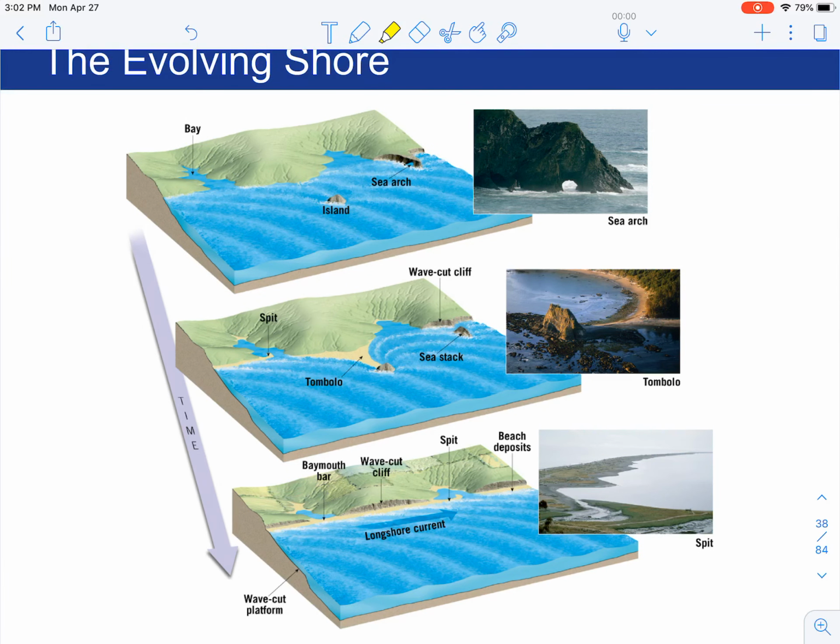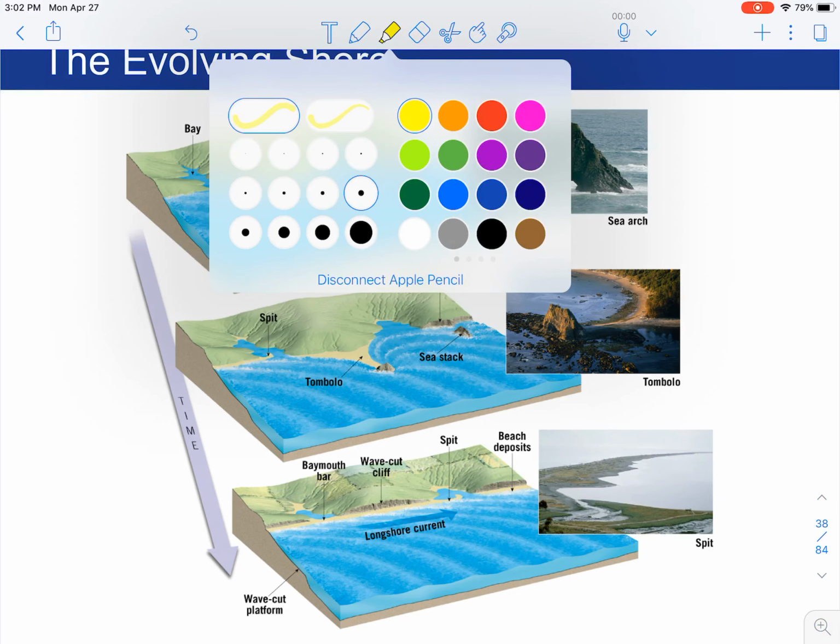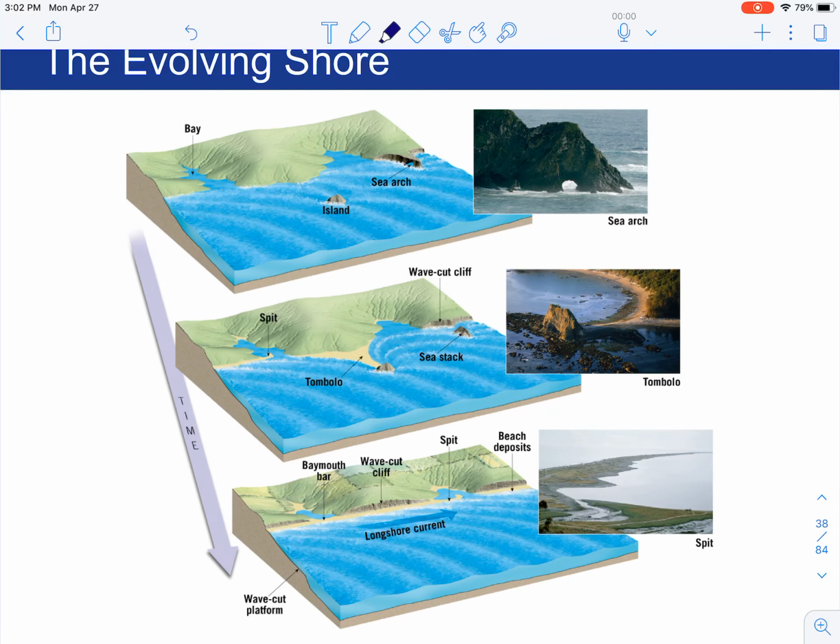Here's an example of that happening in an area where waves might be hitting the shores again at an angle and then refracting back, creating a longshore current that then erodes the landscape and creates islands and arches and other features.